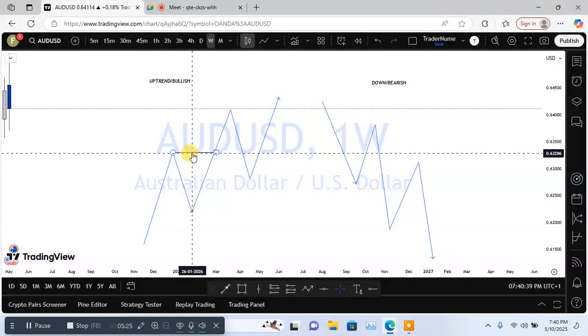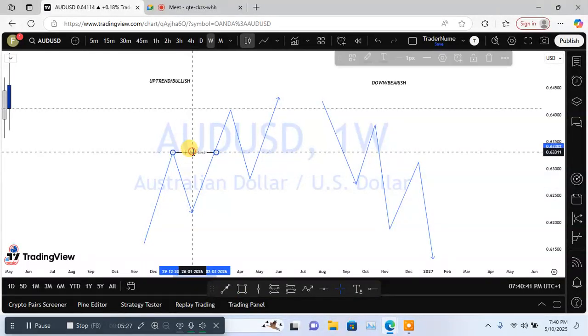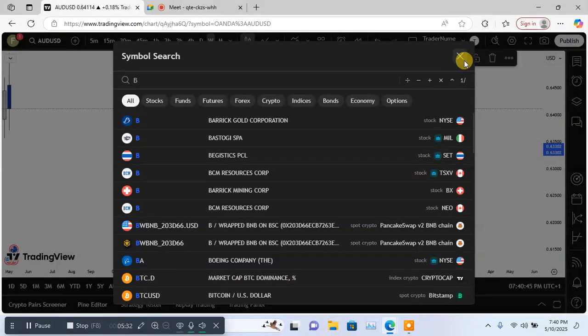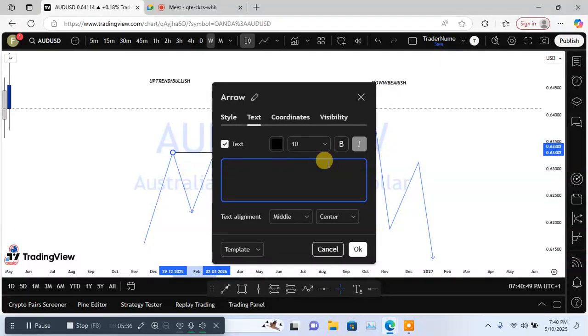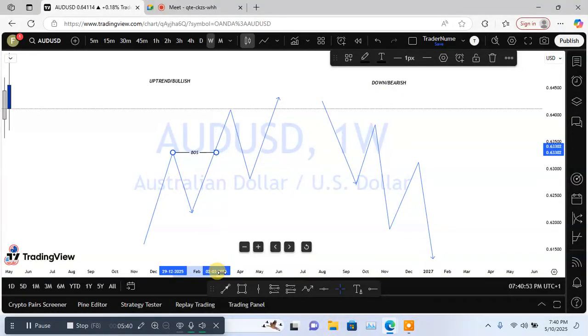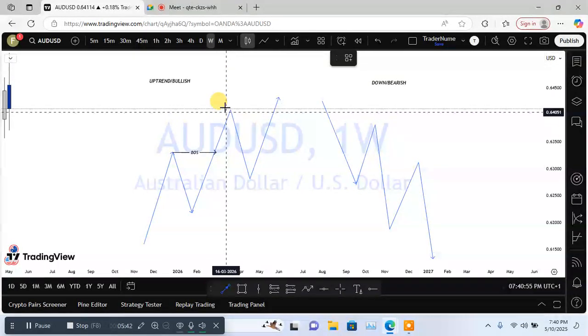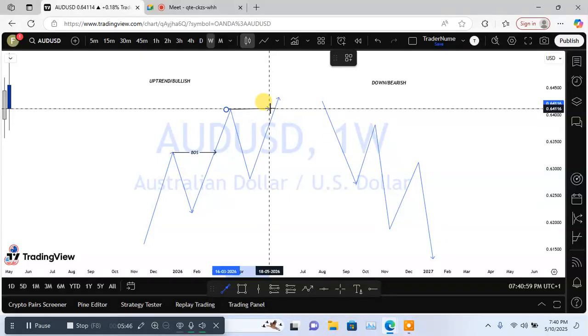Now this is the first break of structure. Okay, let me just say this is the break of structure. This is the first break of structure, and this is the second break of structure.